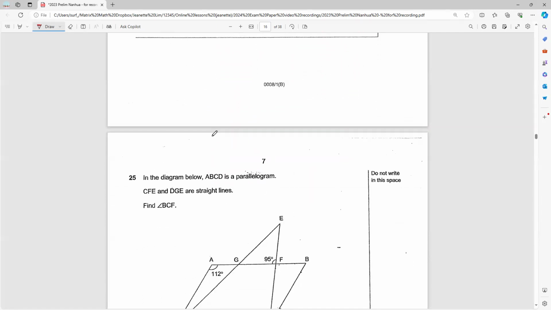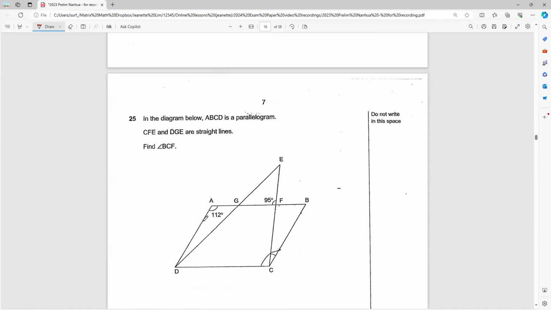Question 25. In the diagram below, ABCD is a parallelogram. CEF and DGE are straight lines. Find angle BCF. Okay, BCF. It's just this angle here. So first, parallelogram.